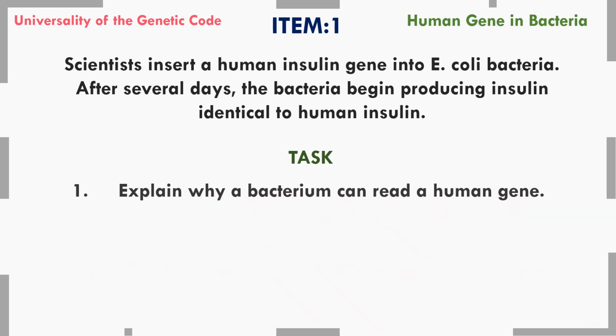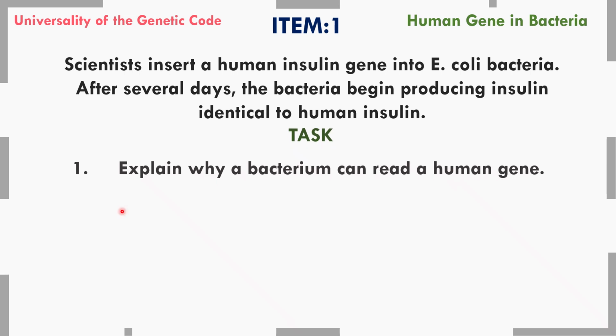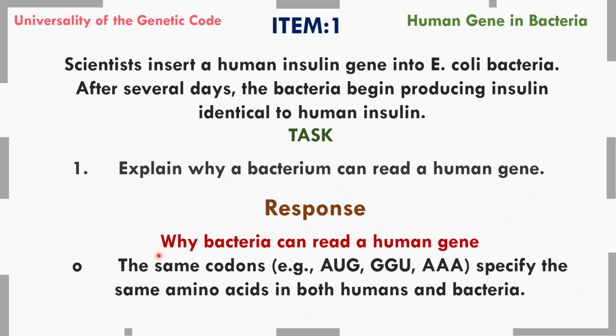Explain why a bacterium can read a human gene. The same codons, for example, AUG, GGU, and AAA, specify the same amino acid in both humans and bacteria.